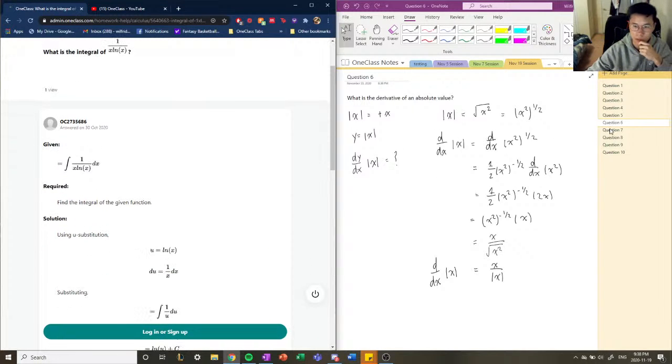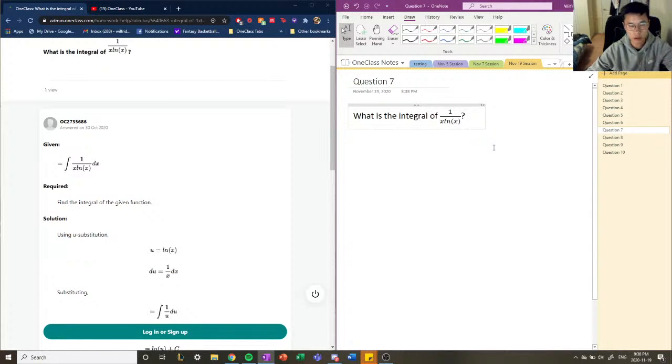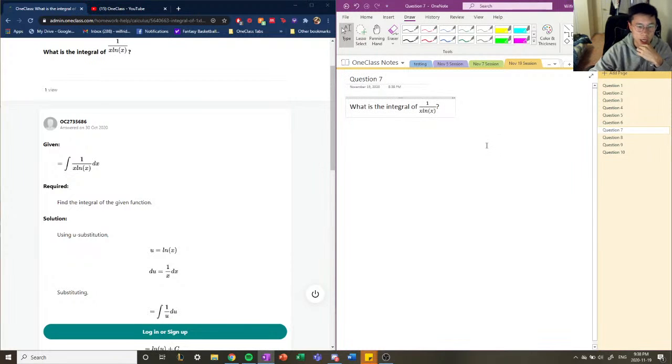Okay, so next question. What is the integral of 1 over x times ln x? So in question number 3, we used integration by parts. This time we're just going to use a u substitution. We're going to use a variable to simplify this integral to make it easier to solve, okay? So let's write out our integral first.